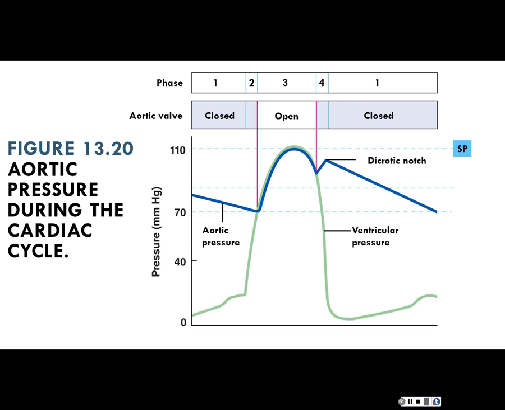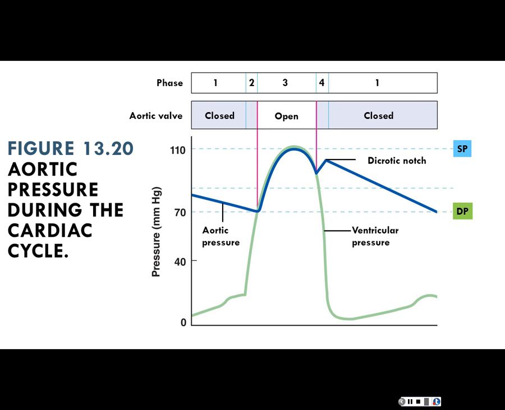The least amount of pressure that I can measure in my arteries would be the diastolic pressure. And then there's a third line in there. What pressure is that? What other pressure did we measure last?